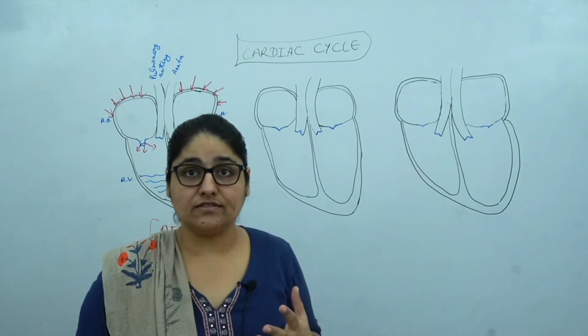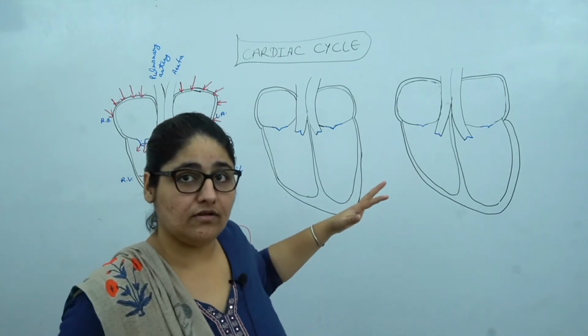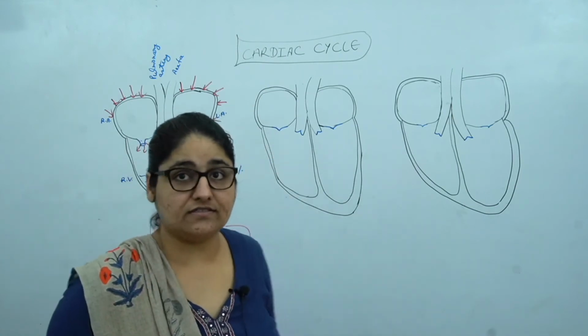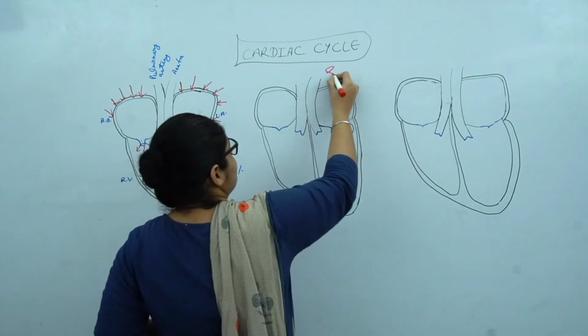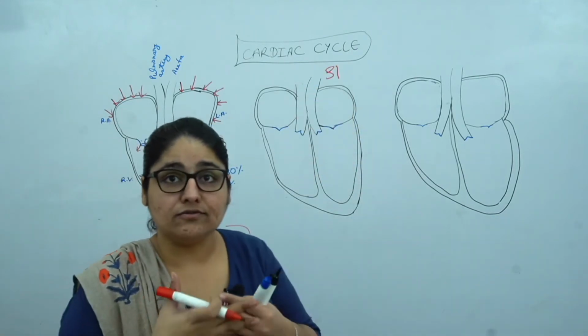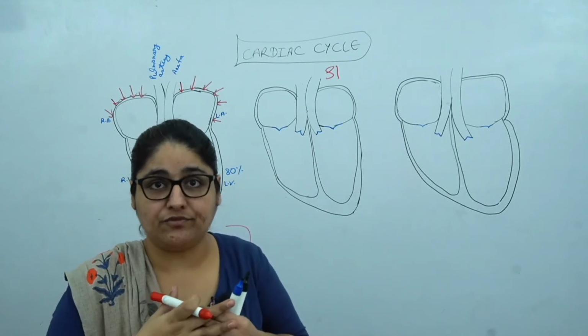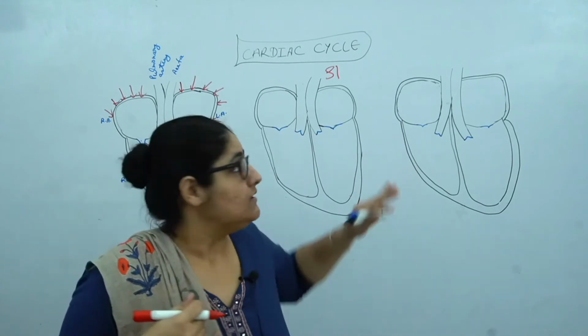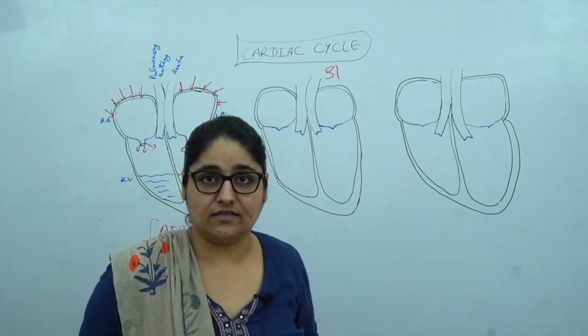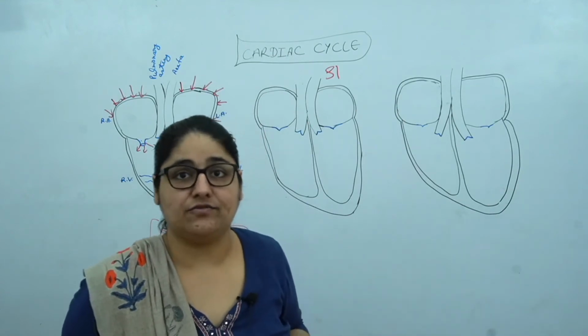And by the closure of the mitral valve and tricuspid valve, the first heart sound is produced. So, the closure of mitral and tricuspid valves produces the first heart sound, that is S1.